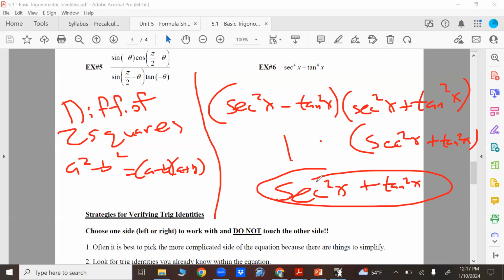Because remember what I said? Tan squared x plus 1 equals secant squared x. If I were to move the tan squared x from left to right, guess what? Secant squared minus tan squared is 1. That's all 1. I should realize that. Because after all, I'm trying to simplify, right? Not trying to make it worse. So the answer is secant squared plus tan squared x. And there's no identity for that last part.